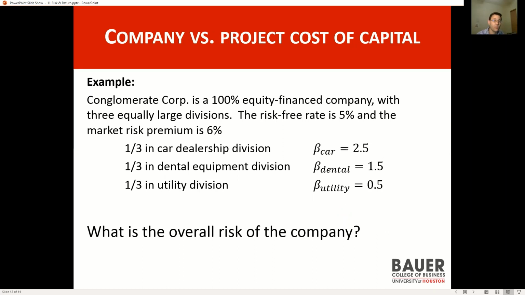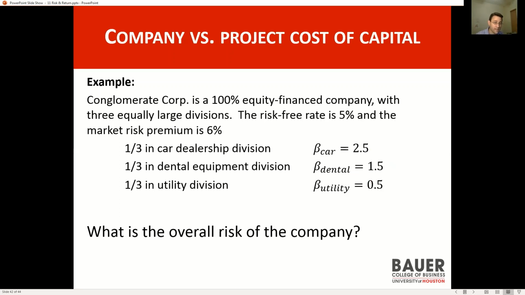Well, we're just going to take a weighted average. So 1/3 of the company has a beta of 2.5, 1/3 of the company has a beta of 1.5, 1/3 of the company has a beta of 0.5. So that means that the average beta is going to be about 1.5 for the company. You average all these betas up, you get 1.5.